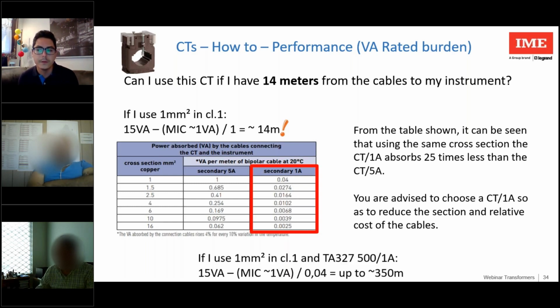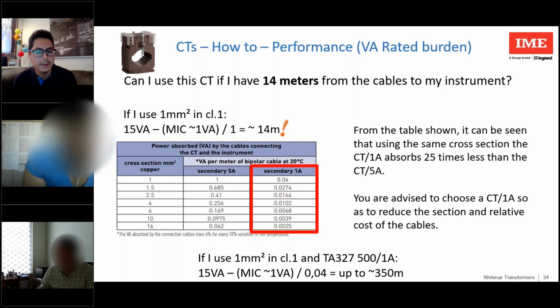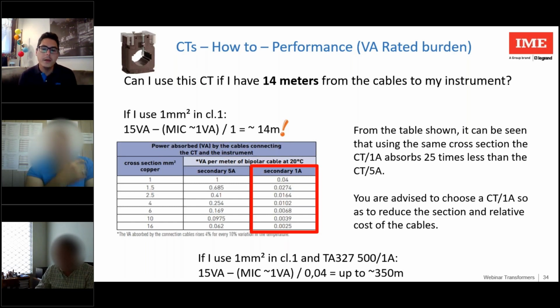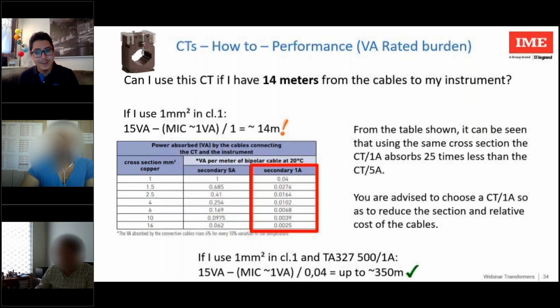The example above becomes this. So if I use a 1 amp secondary, I have divided this performance by 0.04. I can go far away, up to 300 meters. But be careful.